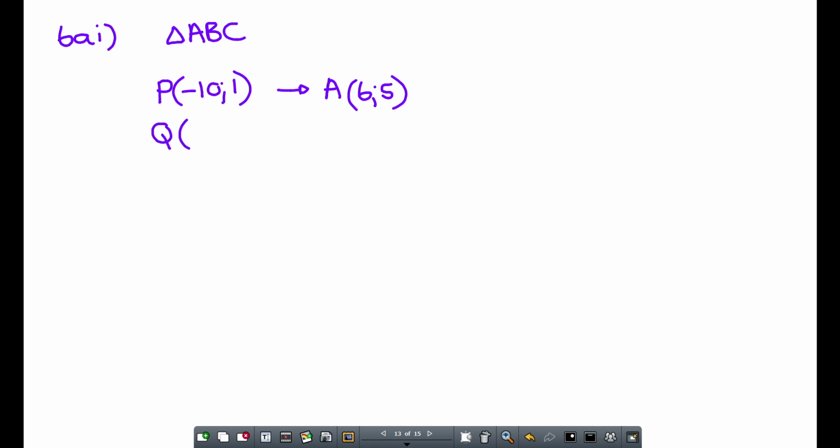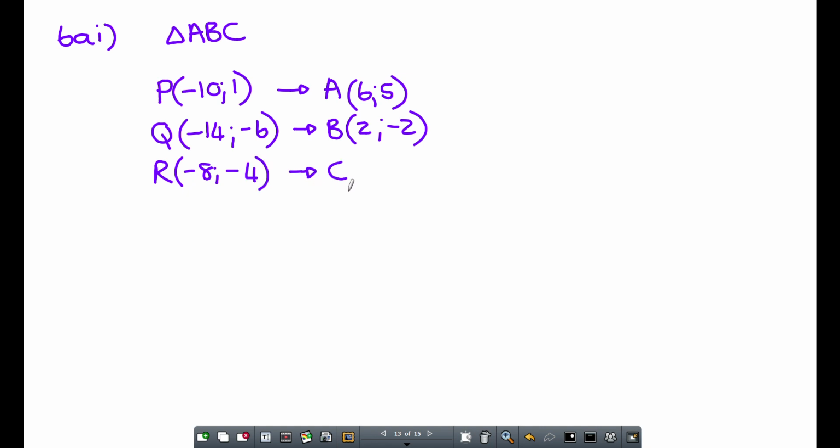Q was -14 minus 6, and that became B, which was 2 and minus 2. R was minus 8 and minus 4, and that became C, which is 8 and 0. Okay, any questions there?